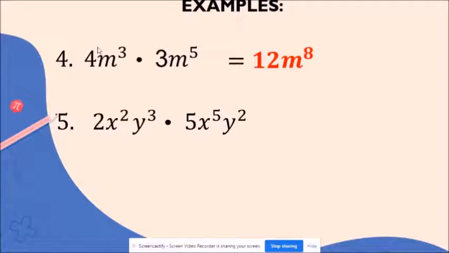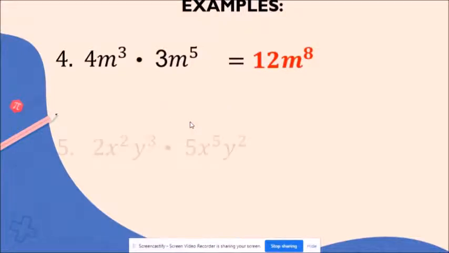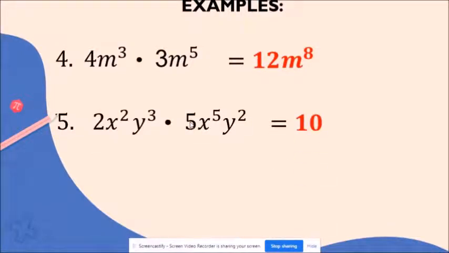Now let's have our fifth example. This time around, we have 2x squared y cubed times 5x to the power of 5 y squared. So everybody, let's do this. 2 times 5, that would give us 10. Okay? So how about if we multiply x squared and x to the power of 5? Take note of the answer.